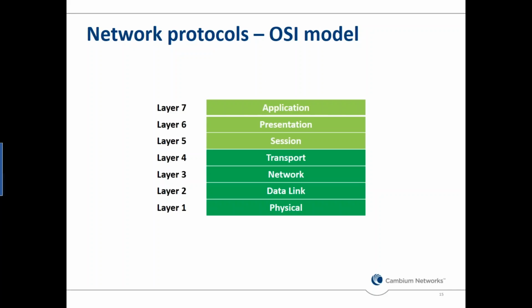Don't worry too much at the moment about memorizing all these words, but think about why this is an important capability to have, that separation of functionality into 7 different layers. Take, for instance, the physical layer. An example of something at the physical layer would be whether it is a wireless network or a wired network.